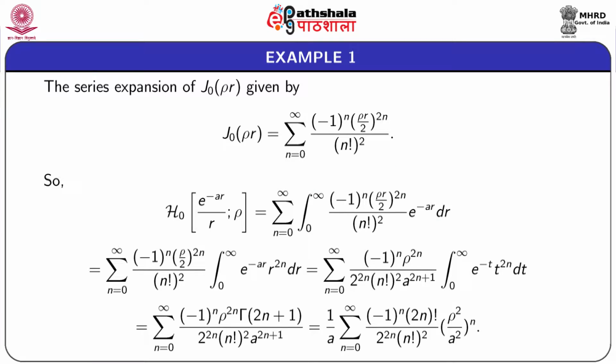Using the series expansion for J0(ρr), the Hankel transform of order 0 of e to the power minus ar by r is equal to summation n equal to 0 to infinity integral 0 to infinity (-1) to the power n (ρr by 2) to the power 2n divided by (n factorial) whole square e to the power minus ar dr.